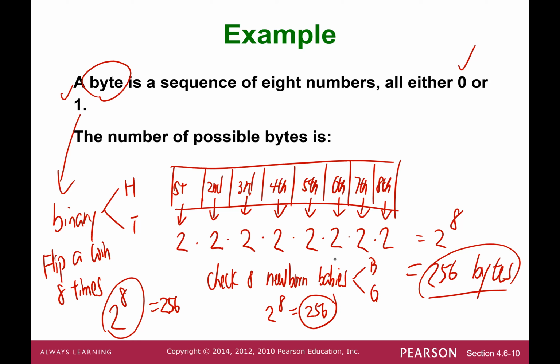So basically they are equivalent, right? The computer system was invented based on people's understanding of probability from real life, like newborn babies and flipping a coin, and they just built on this concept. So they are interconnected in some way.